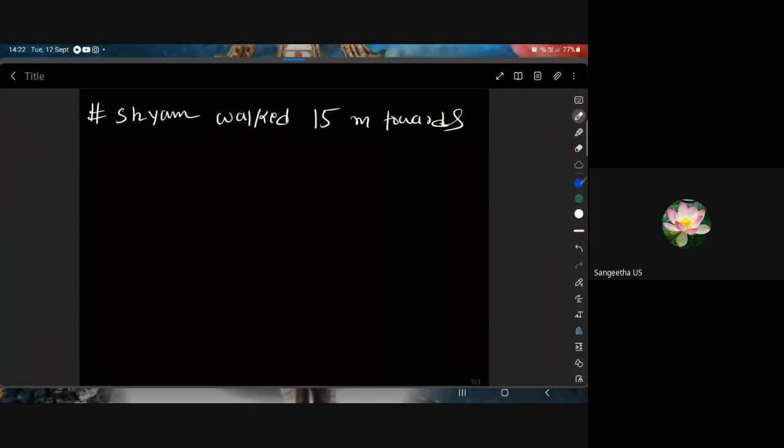Another one is, suppose Shyam walked 15 meters towards the south.